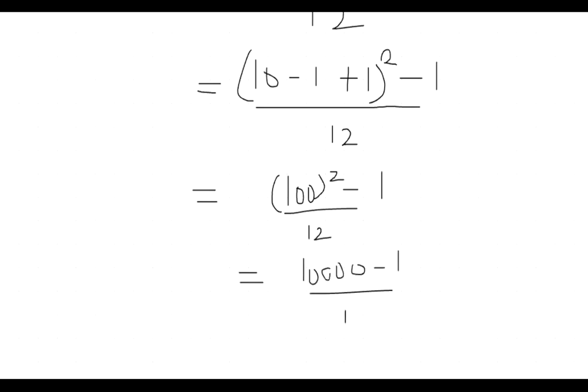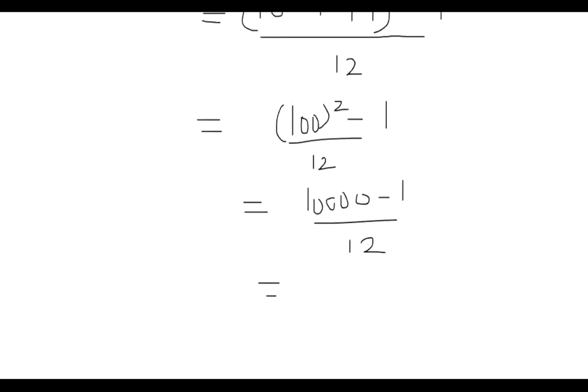That is going to give us 9,999 over 12. So what should that be? Anybody who wants to give us the answer?